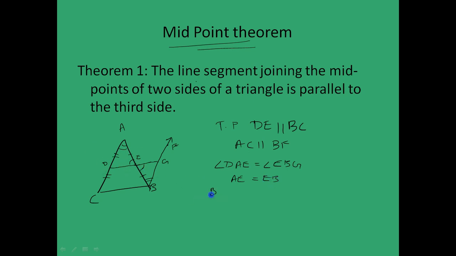Now by the ASA congruence rule, we have triangle AED congruent to triangle BEG.